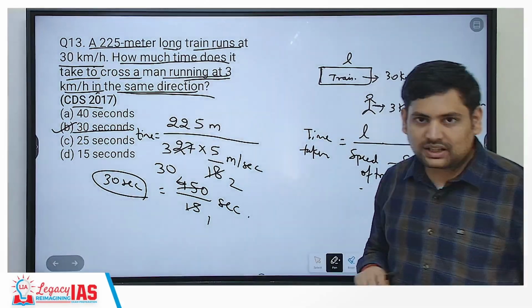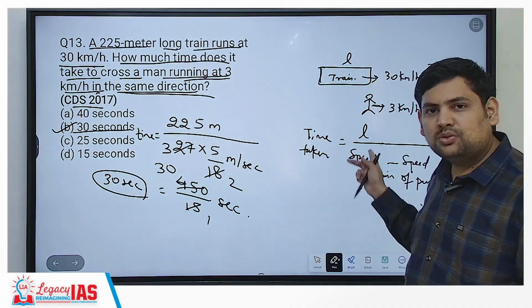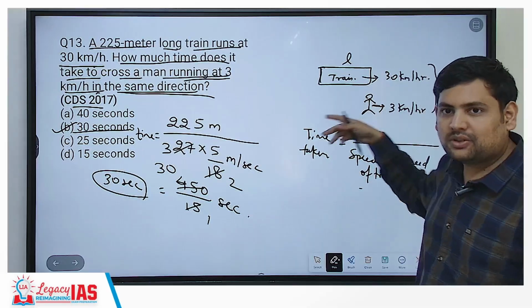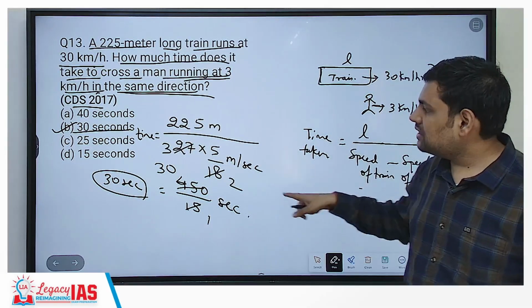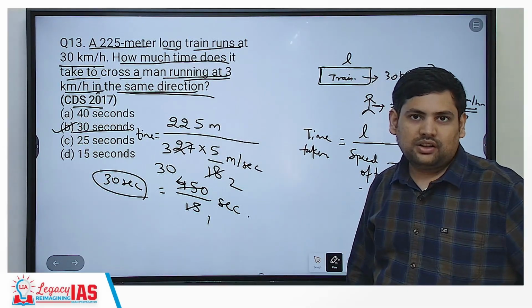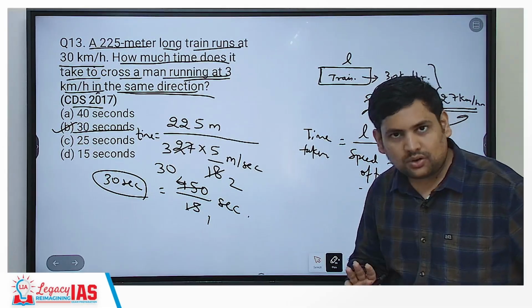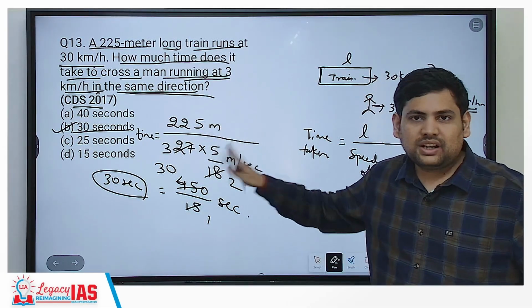All the three cases. Now you can also calculate if both trains are moving, if two persons are moving, they are moving in same direction, opposite direction. All you have to do is find the relative speed and the length it has to cover. Understood? So in the first one, pole or the standing person not moving, so simply it will be length of train divided by speed of train.